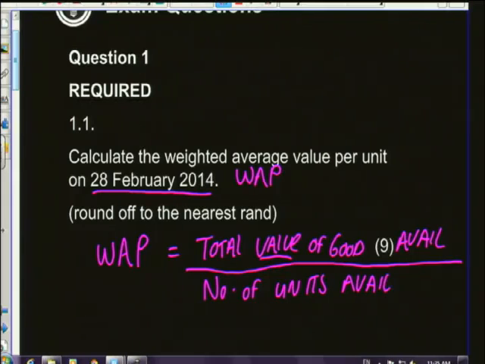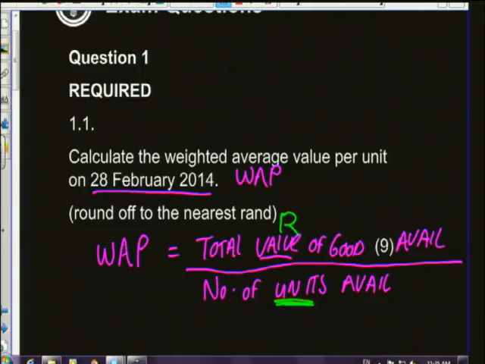Okay, a big difference between the two. Total value of goods available refers to my rand value, the value in terms of rands that I've attached to the total amount of goods I have available to sell for the year. I'm going to then take this value and I'm going to divide it by number of units that I had available to sell during this particular financial year.